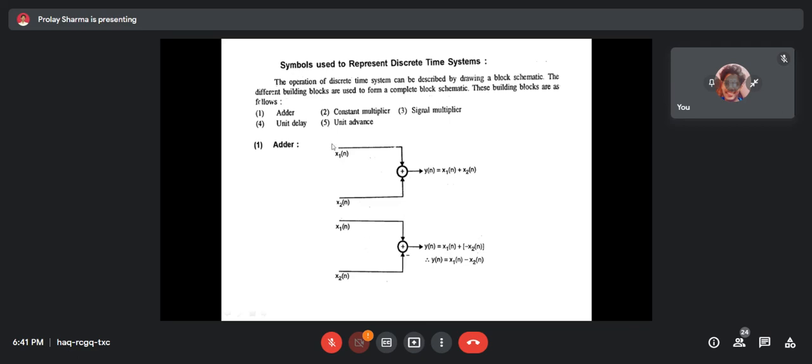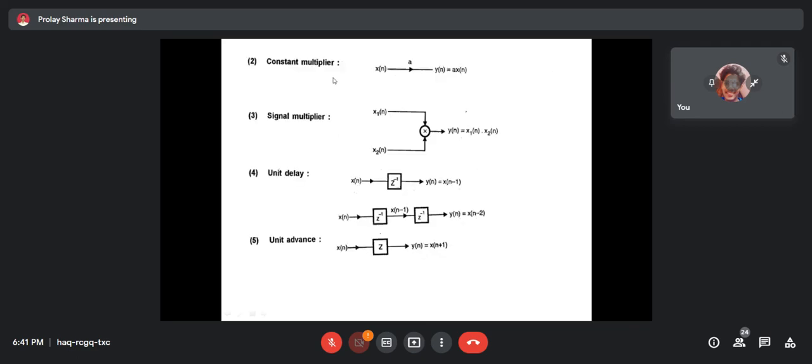This is called the adder and subtractor block. For the constant multiplier, x[n] is the signal, it is multiplied with a constant factor: y[n] equals a into x[n], where a is a constant number. So each individual sample value will be multiplied with the constant a.